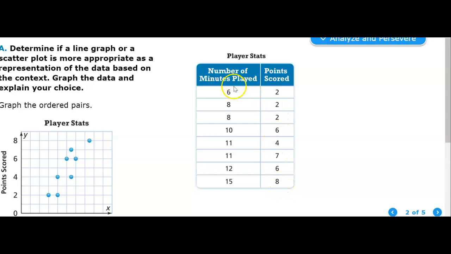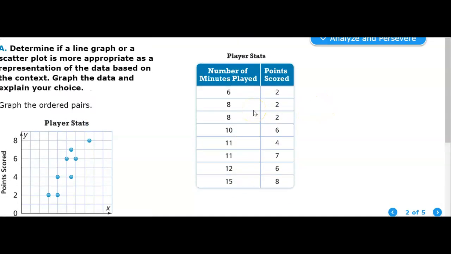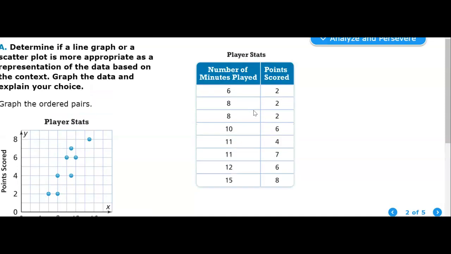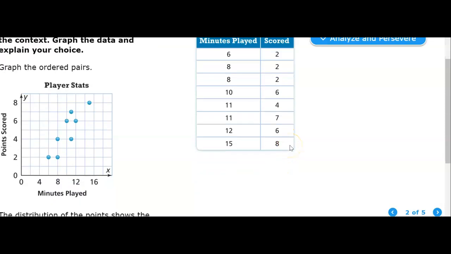So the first column is going to be our X values, and the second column is going to be our Y values. So when you see these points, these are the ordered pairs. Their X's are all here and your Y's are here. So the first one would be 6 and 2.